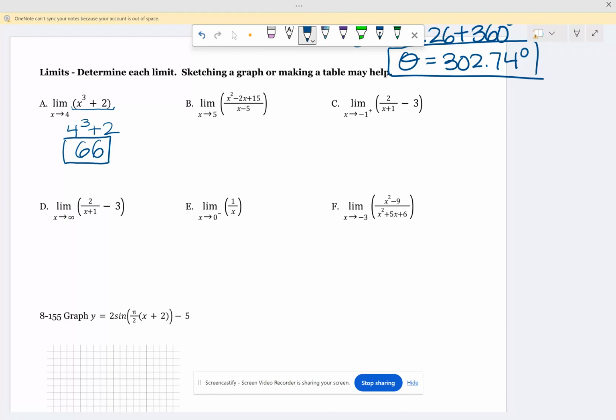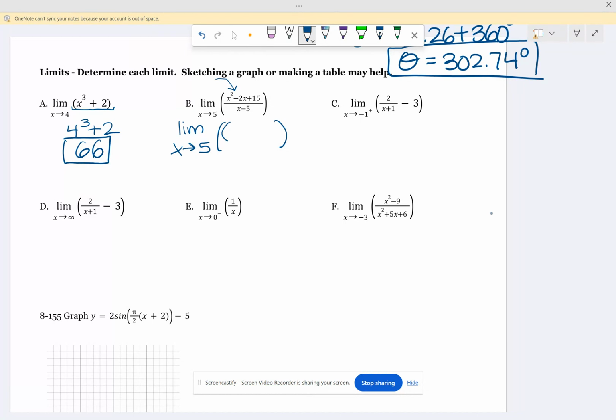The next one is not in its simplest form, so we're going to start our work by factoring what we can. So the limit of this function as x approaches 5, we're going to go ahead and factor the numerator.